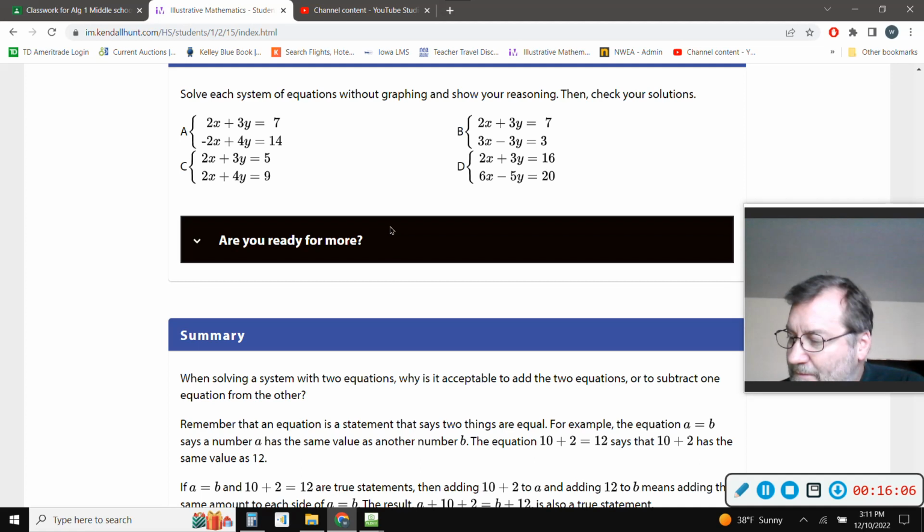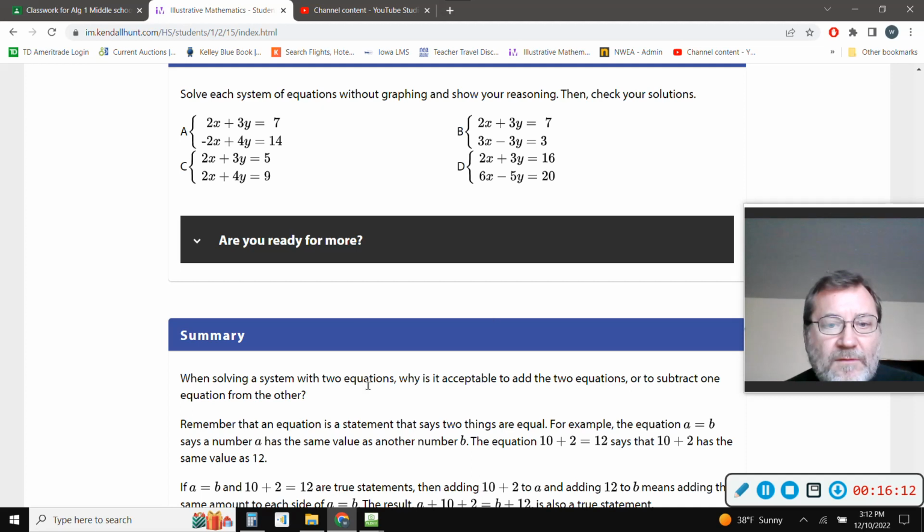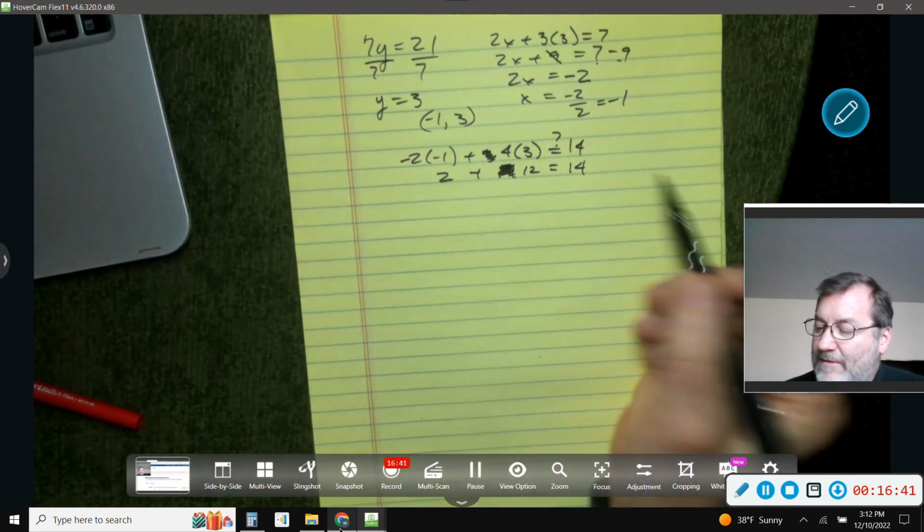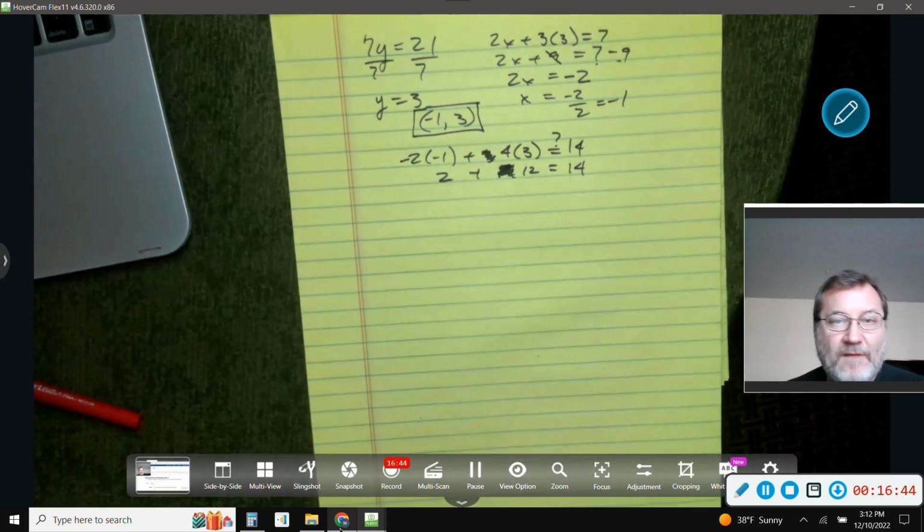Oh, that needs to be a negative 2x. Okay, so I wrote down negative 2x plus 4y equals 14. Negative 1 times negative 2 is a 2. 3 times 4 is, excuse me, a 12. And so 2 plus 12 does in fact equal 14. So yep, I'm very confident that that's the solution on that first part.